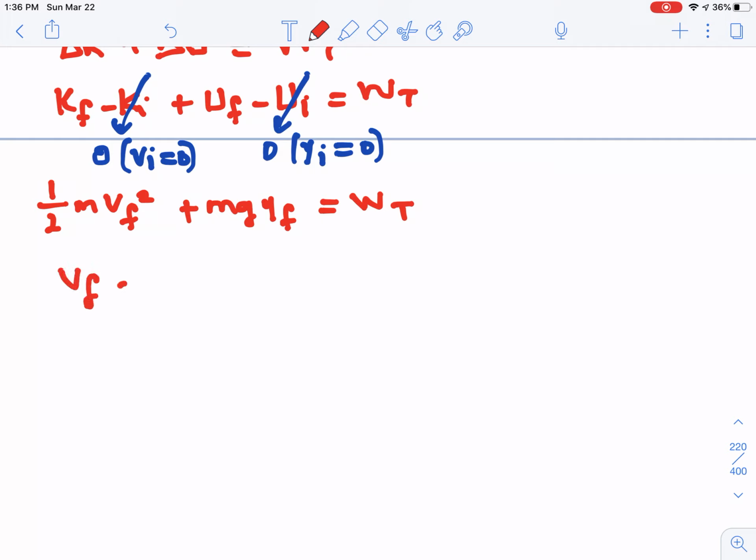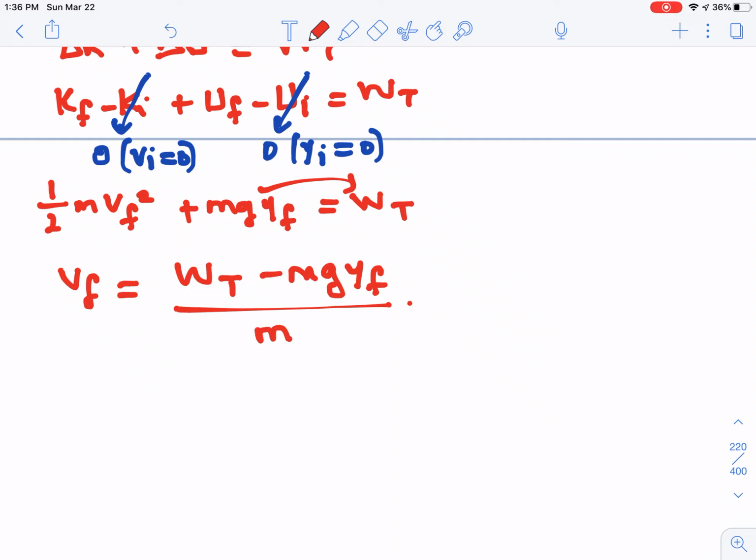So I'm going to do that quick. v final is, so I'm putting everything, first thing to do is put this on the right side, and then I need to divide both sides by 1/2 m. That means I'm multiplying the right side by 2, dividing by m. If I rearrange it, this becomes work done by tension minus mg y final, divided by the mass, multiplied by 2.